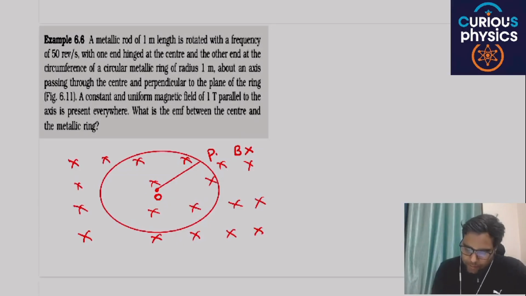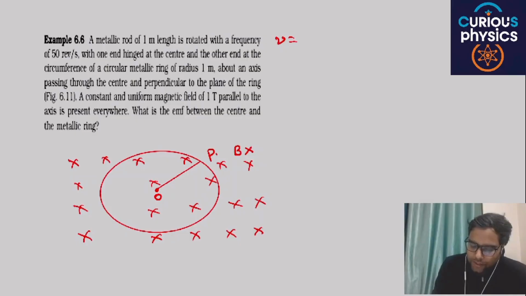And what is the EMF between the center and the circumference? Let's say this rod OP is rotating with 50 revolutions per second, meaning the frequency is 50 revolutions per second.